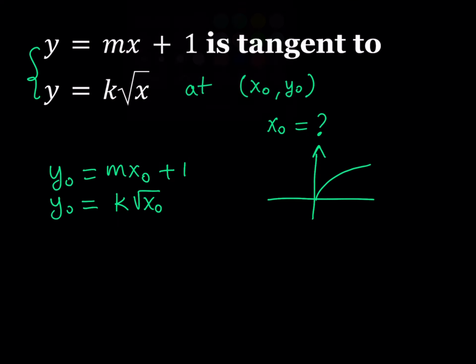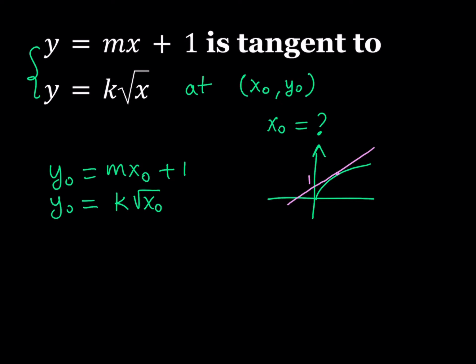And it is going to be a straight line that passes through 1, so it's going to look like this. And the y-intercept is going to be 1 for this line. And we're told that the line is tangent to the curve at (x0, y0). All right, great. And you can also see that y0 needs to be greater than 1 as well.